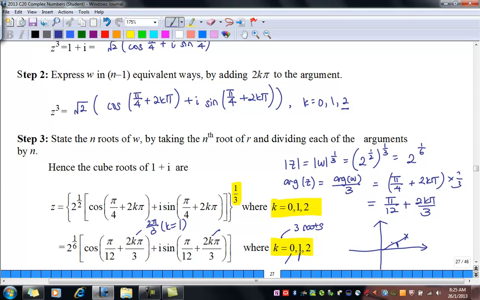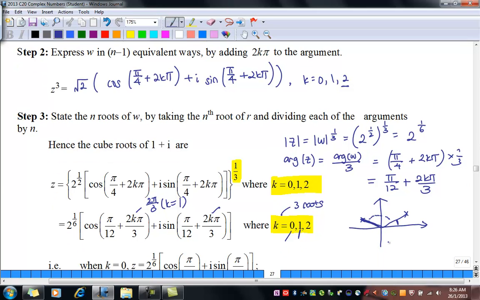So I know it's going to go roughly 120 degrees, and it's going to be somewhere here, but the modulus is still the same. This is probably my second root. For my third root, k equals 2, so I'm going to add 4 pi over 3.